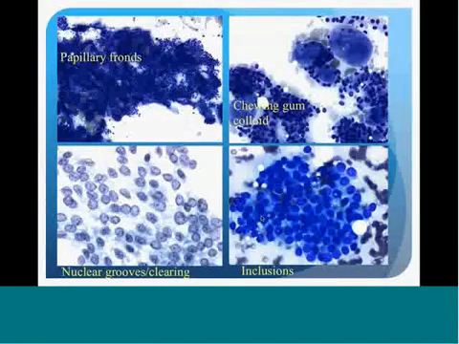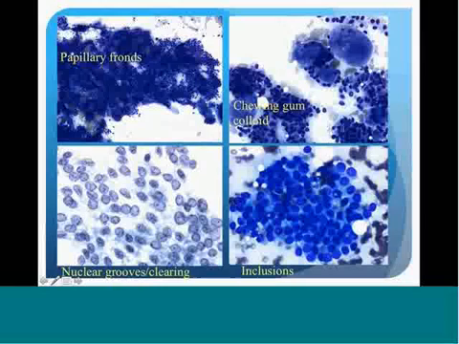But when you have a cellular aspirate, the features become apparent. You have the papillary fronds, you have this chewing gum colloid, the nuclei are optically clear and have grooves, and you can even see inclusions.